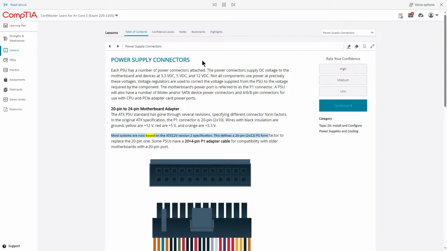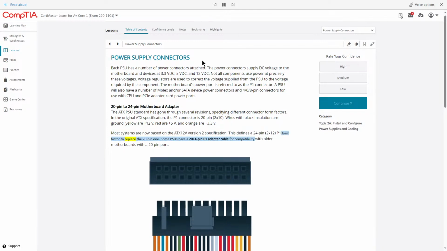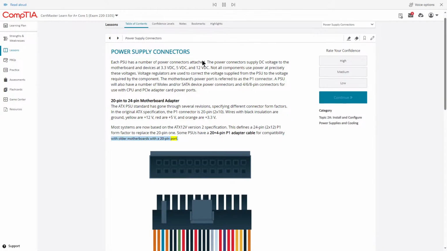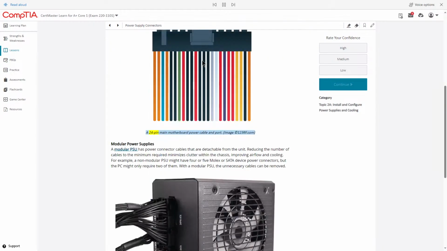Most systems are now based on the ATX 12V version 2 specification. This defines a 24-pin, 2x12, P1 form factor to replace the 20-pin one. Some PSUs have a 20 plus 4-pin P1 adapter cable for compatibility with older motherboards with a 20-pin port. A 24-pin main motherboard power cable and port.